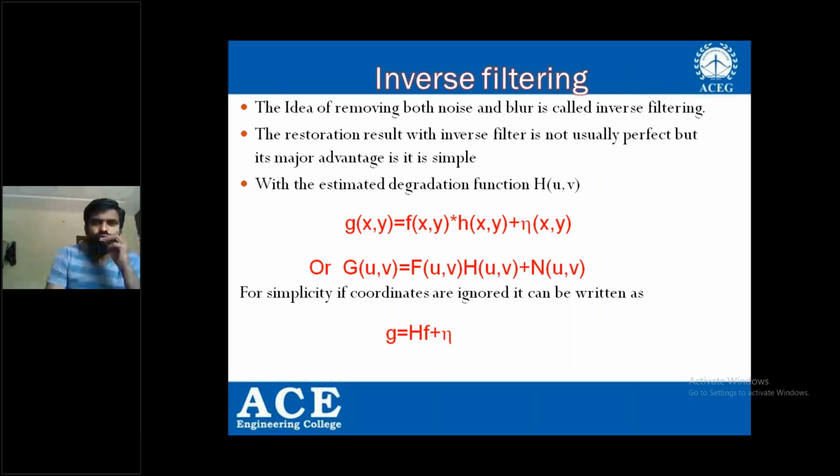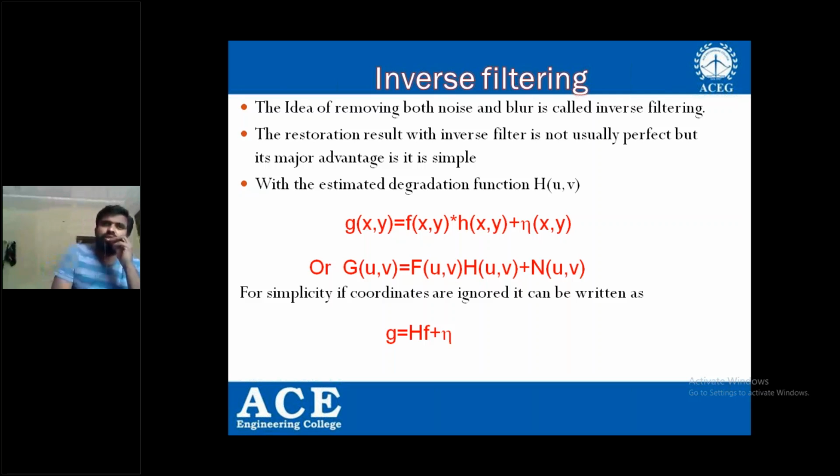Blur is due to the capturing device, whereas the noise is due to the channel during transmission, right? One of the drawbacks of inverse filtering is that we can try to remove noise as well as blur, but by using inverse filtering we can almost reach it, though it is not perfect, right?